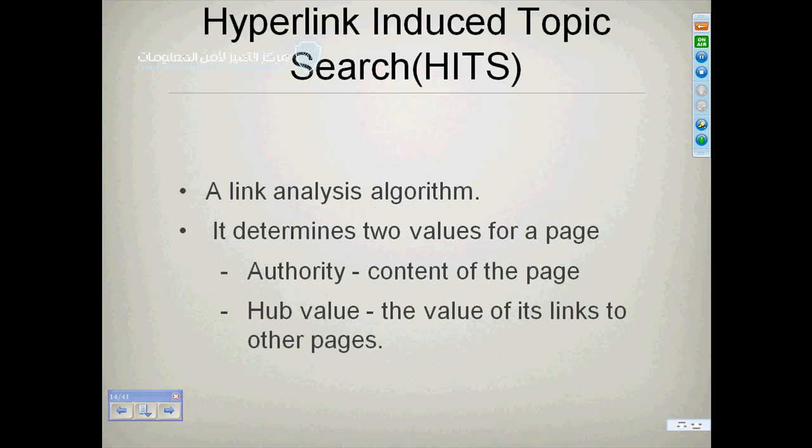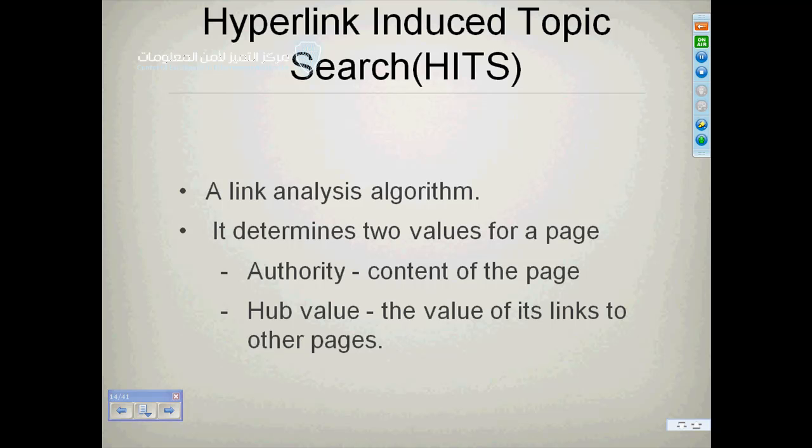Another algorithm I told you about is hyperlink-induced topic search. PageRank is not query specific, and it can be computed for all the web pages ahead of time, so it's a measure computed independent of a particular search.